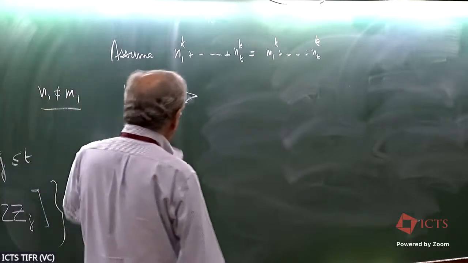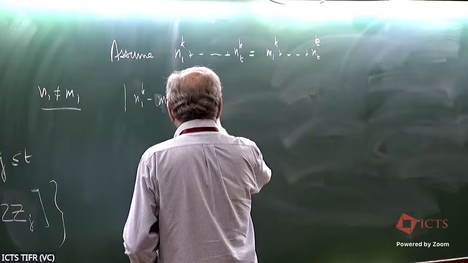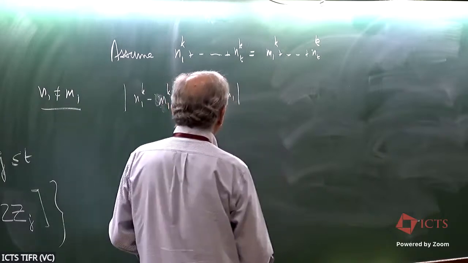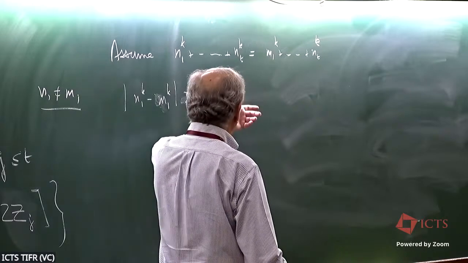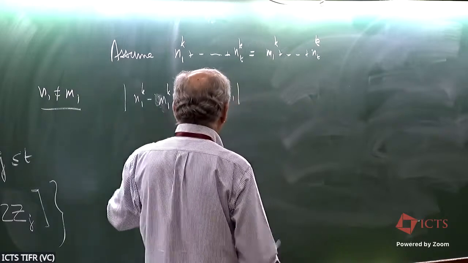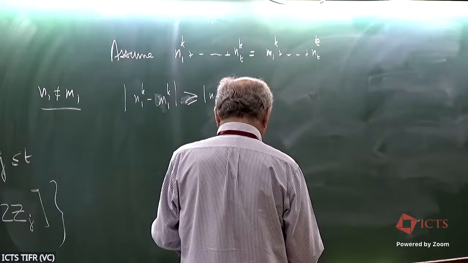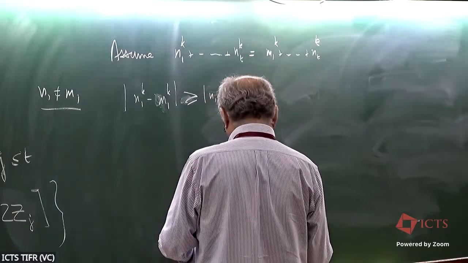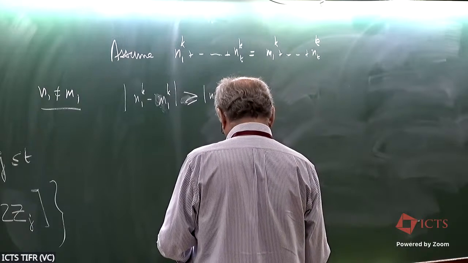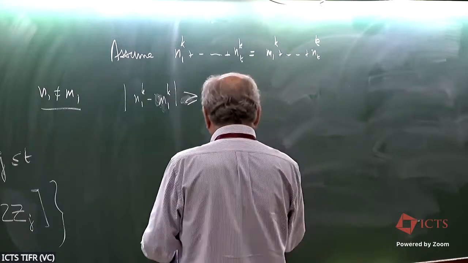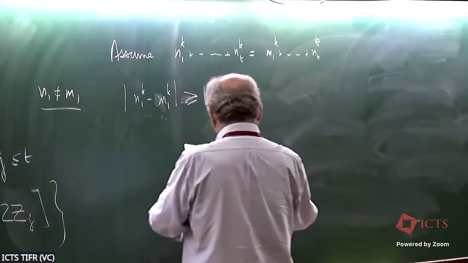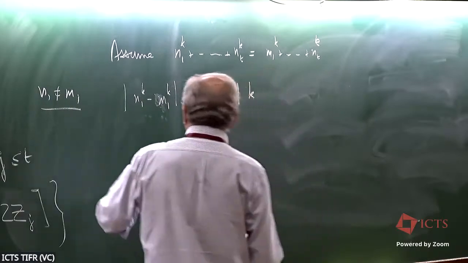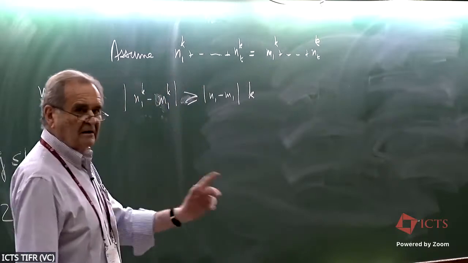Then this difference will be larger than N1 minus M1 times something, because in all the differences, no, what I'm saying. No, it's fine. I'm just saying this is larger than this times K times. I just expanded the binomial expansion.